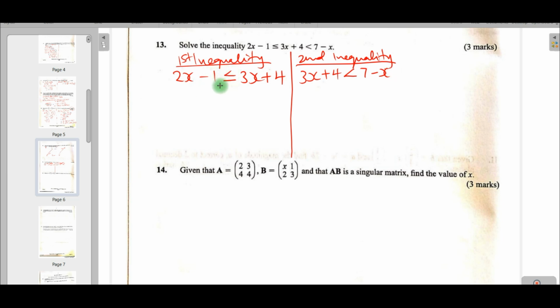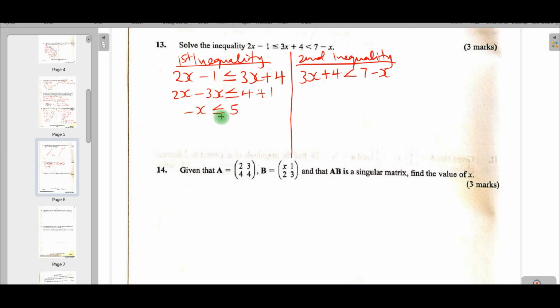So the first inequality, let us simplify it, collect the like terms. 2x minus 3x is less than or equal to 4 plus 1. So 2x minus 3x, that is minus x, is less or equal to 5. So to remain with x, we have to divide both sides by minus 1.